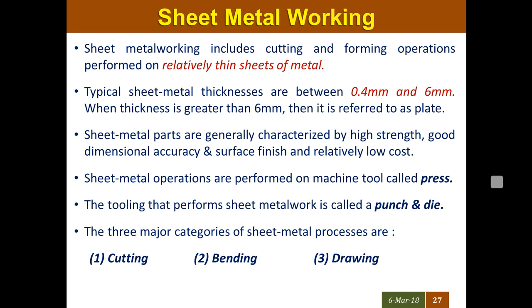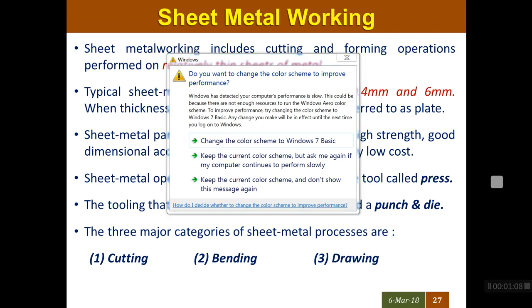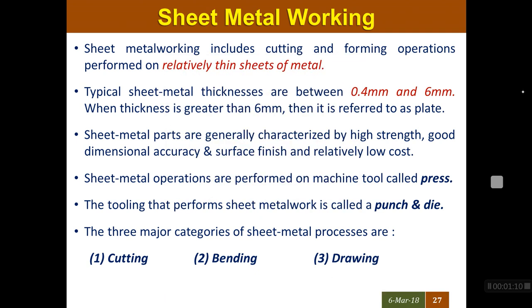So sheet metal working involves two types of operation. First one is the cutting operation, and the second one is forming operations. In case of cutting operation, we cut the sheet metal, meaning we remove some part from the sheet metal, as it is named cutting.